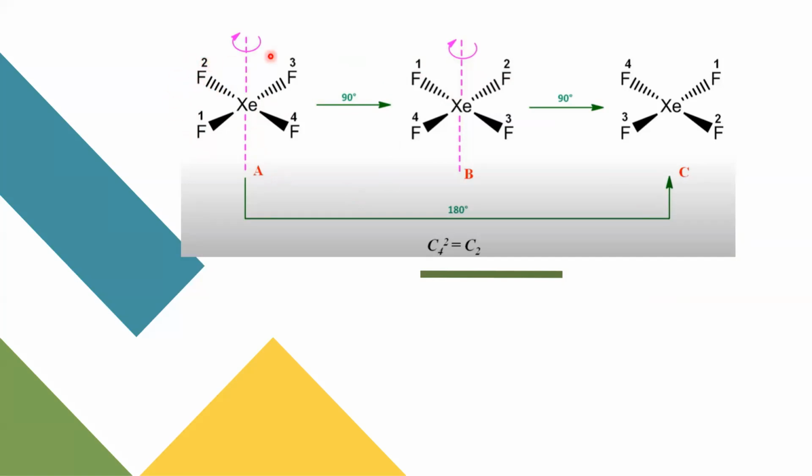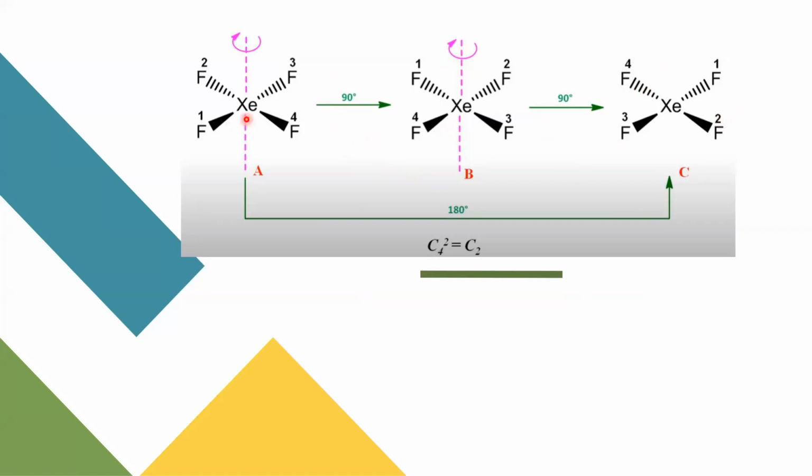F labeled as 2 will come here. F labeled as 3 here, and then 4 here, right? So it's the same. It has a C4 axis. You rotate it by 90 degrees. When you rotate it again by 90 degrees, again it changes the position. 1, 2, 3, 4. Right?